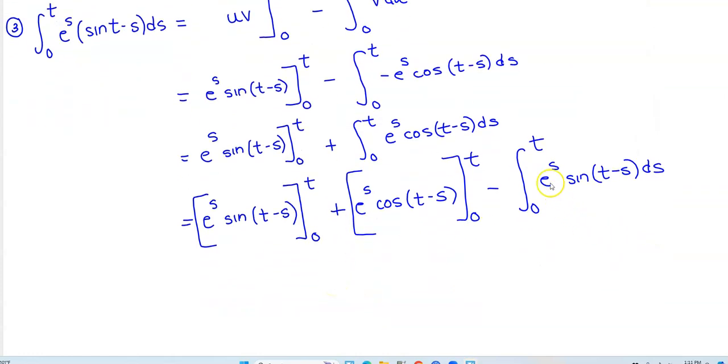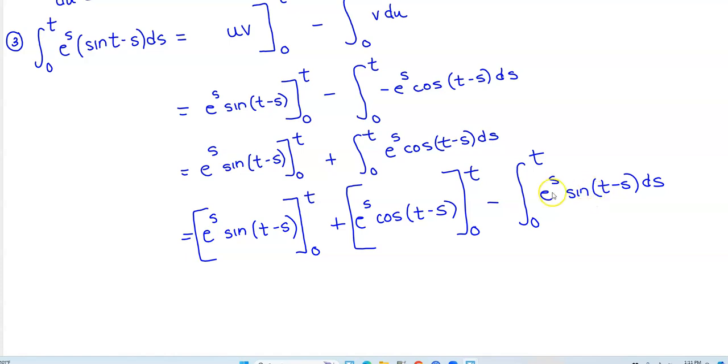Okay, so now that we have that, you can see that we're going to end up going back to the original integral.